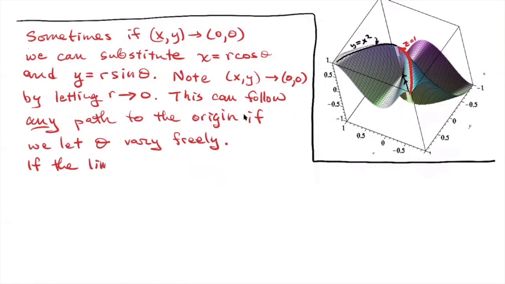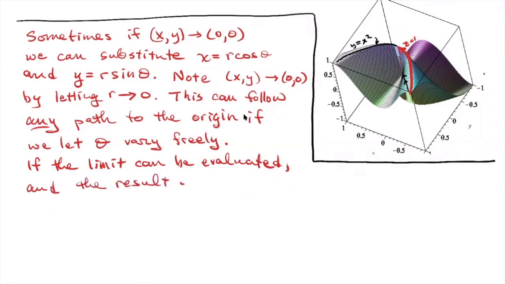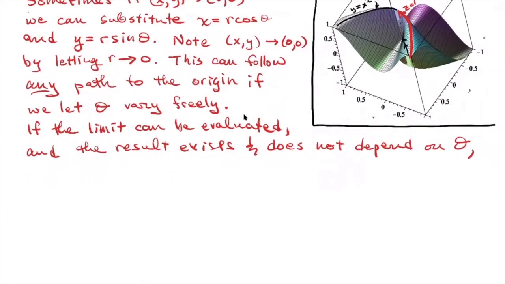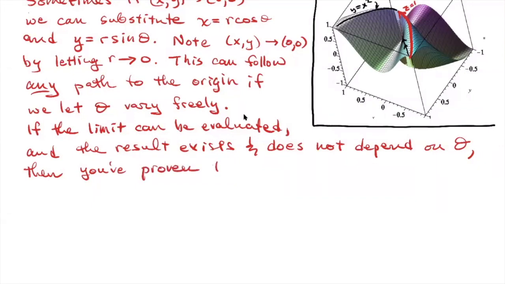If the limit can be evaluated, and the result exists and does not depend on theta, then you've proven the limit.